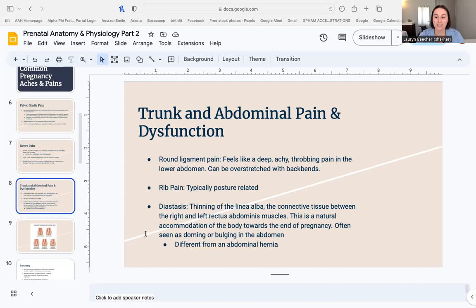That is different than diastasis, but they often co-occur. If someone has an umbilical hernia, I often see that they also have a diastasis. All of the same tips apply. We're still working on breathing, working on good posture and mechanics, limiting or modifying activities that cause that hernia to pop out or cause pain in that area.